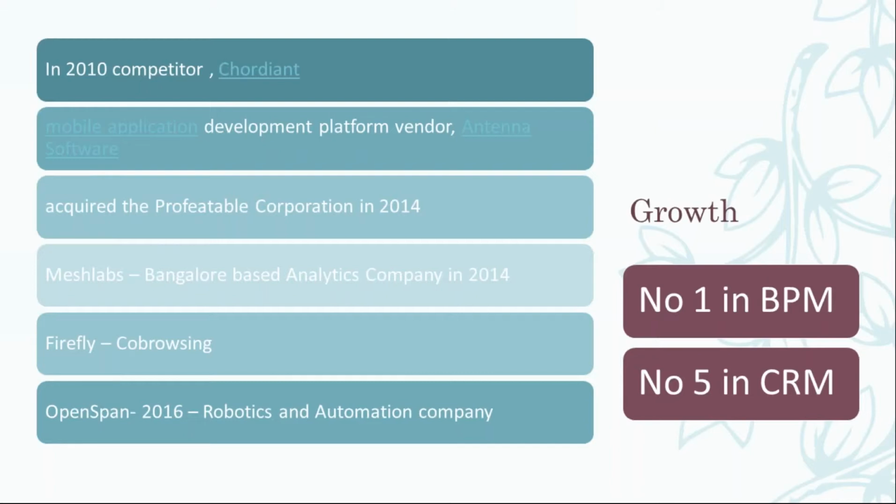And Firefly. There is a concept called co-browsing, where the same screen can be used by two persons at the same time. So they acquired Firefly. And recently, in April 2016, they acquired a company called OpenSpan, which provides support for robotics and automation.